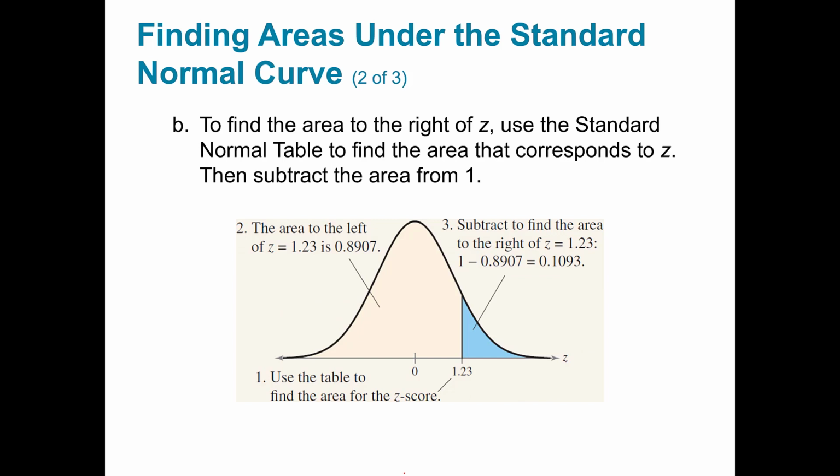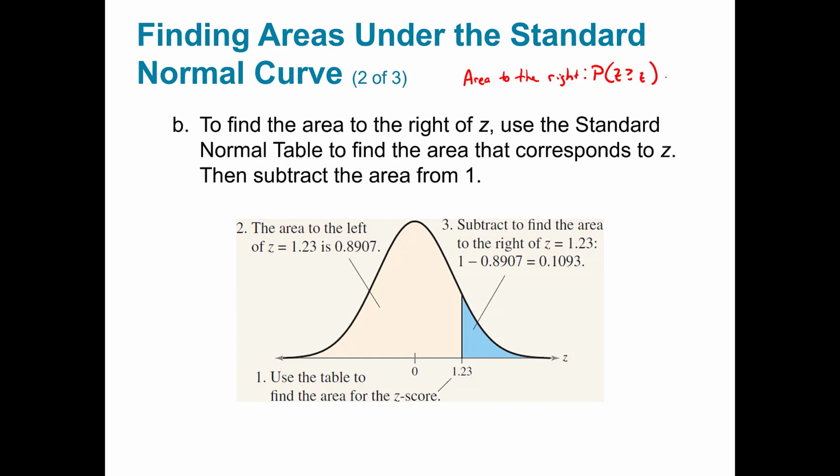So if we want area to the right of a z value, we have to find the normal area that corresponds to z. But then because we want area to the right, we have to subtract from 1. Remember, area to the right is the probability z is greater than or equal to some value, and what our table is giving us is area to the left, which is less than or equal to.